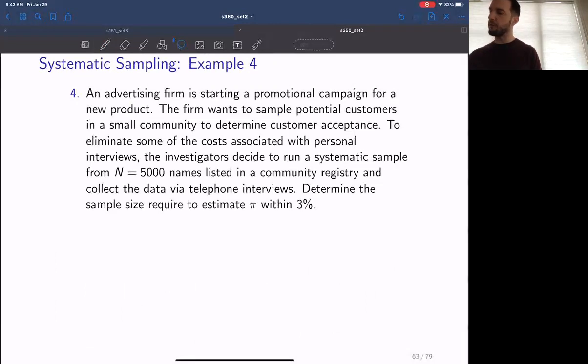The firm wants to sample potential customers in a small community to determine customer acceptance. To eliminate some of the costs associated with personal interviews, the investigators decide to run a systematic sample from capital N equals 5,000 names listed in a community registry and collect data via telephone interviews. Determine the sample size required to estimate pi within 3%.